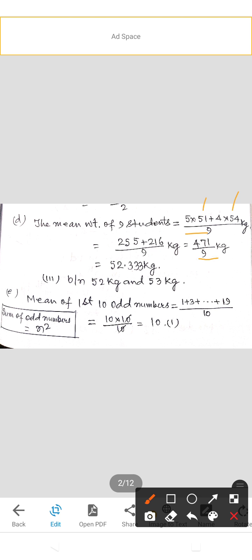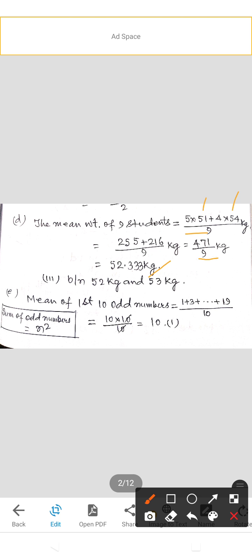Now dividing, it is equal to 52.333 kg. So this mean 52.333 kg lies between 52 kg and 53 kg. So answer 3 is correct.